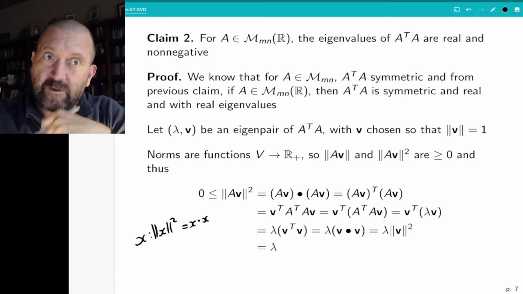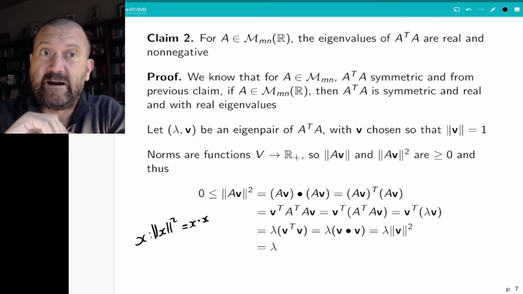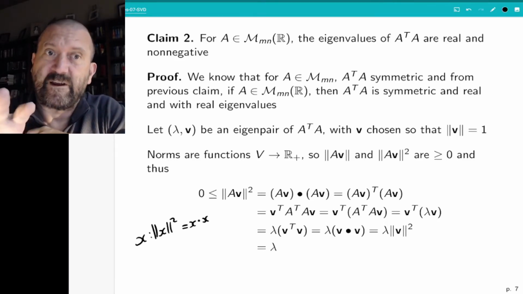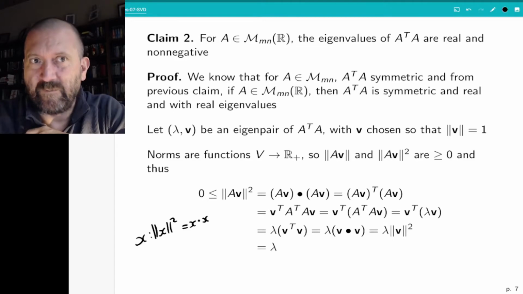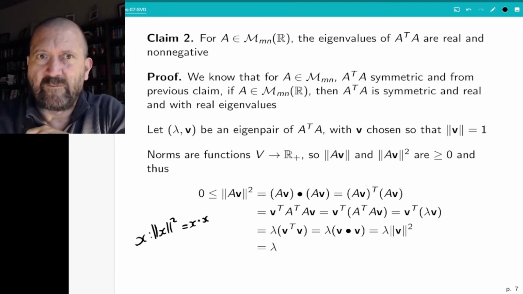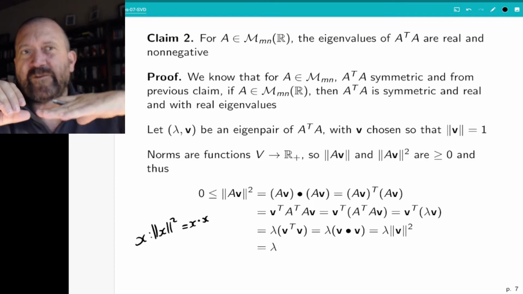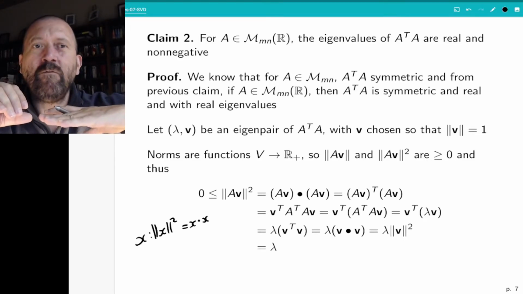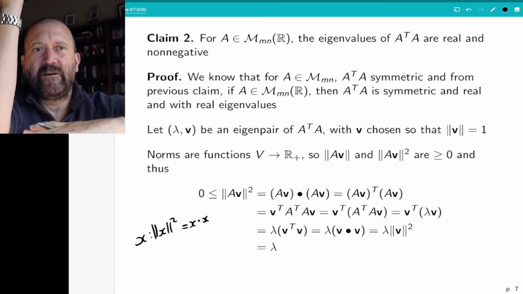From the consideration we had in the previous claim, taking the dot product of a vector and another vector is equivalent to taking the product of the first vector in row form and the second vector in column form.